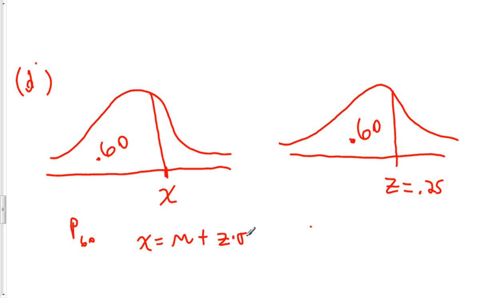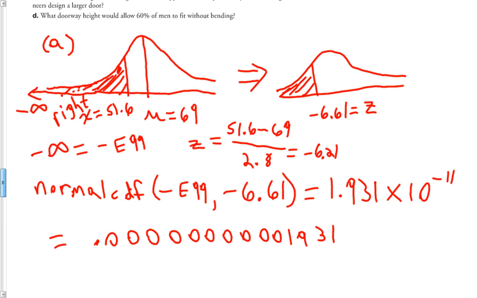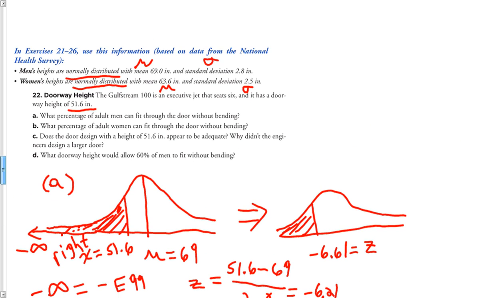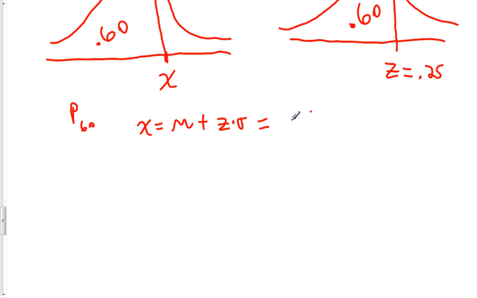The x value that corresponds to that is going to equal mu, which we said the mean height of men was 69 inches. So that's mu, 69.0. And then we're going to add to that z, which is 0.25, times sigma.